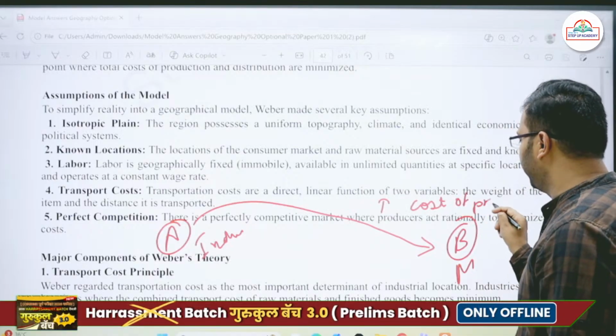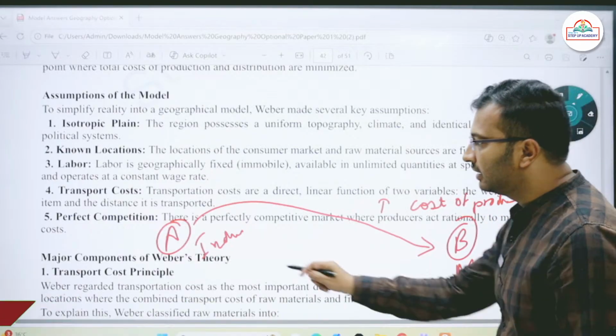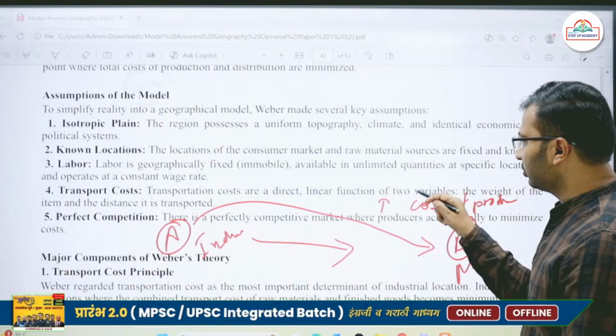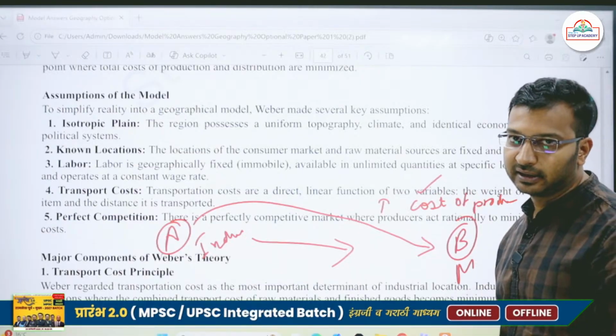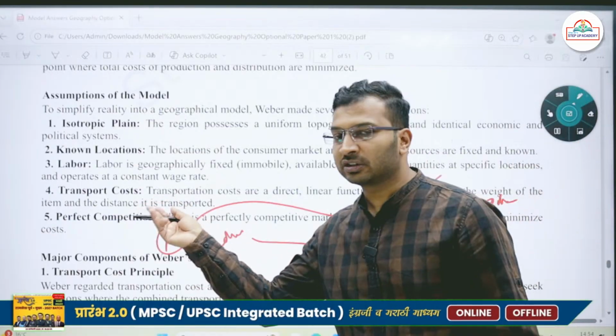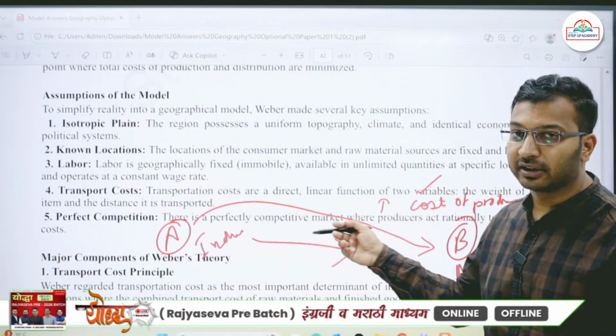So basically he said that with increase in distance, the cost of production will increase. Okay, so the transportation costs are linear. It is a linear function.